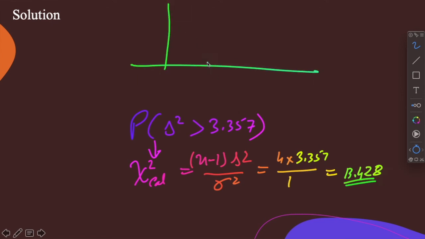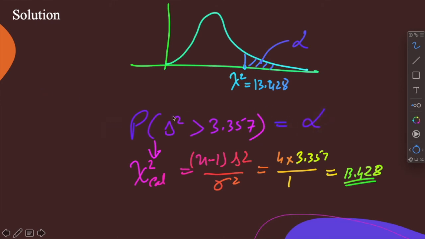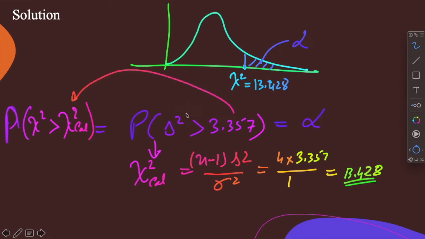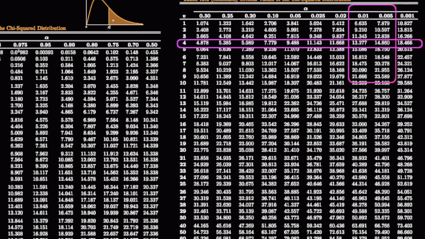Over the chi-square distribution we have to see where this point is, where chi-square is 13.428. So what will be the value of alpha? This will be the p-value of chi-square more than chi-square calculated based on this sample. We can pick up this value of alpha from the table with degrees of freedom n minus 1, which is 4. So we go to the table of chi-square distribution and look for the value 13.428.